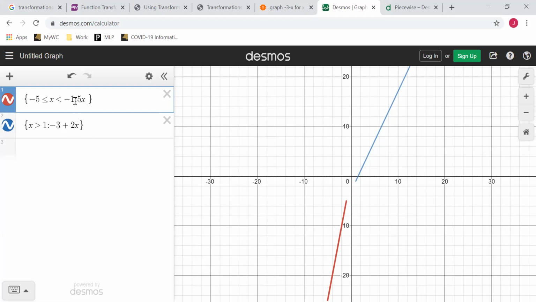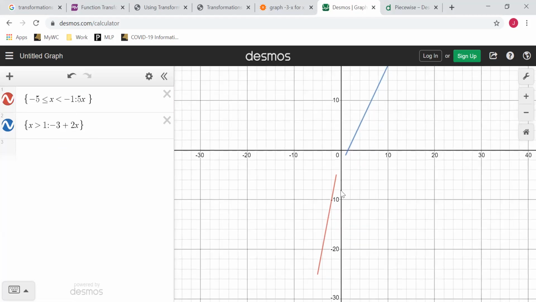Okay. So for all x values between -5 and including -5, but less than -1, I want it to be 5x, which is a positively sloped line.